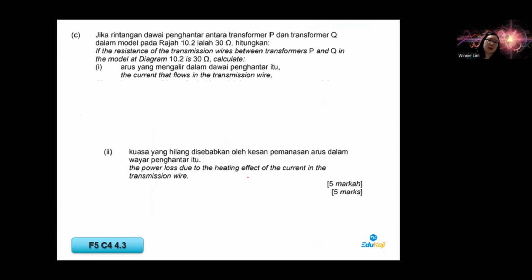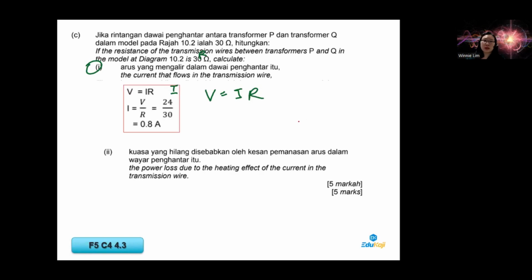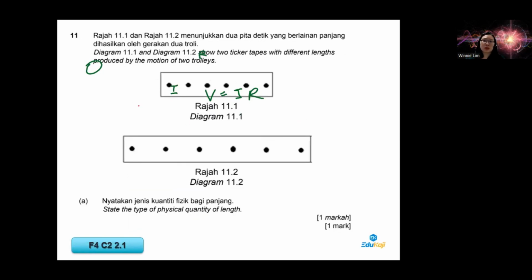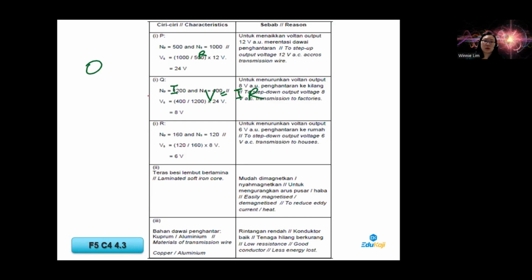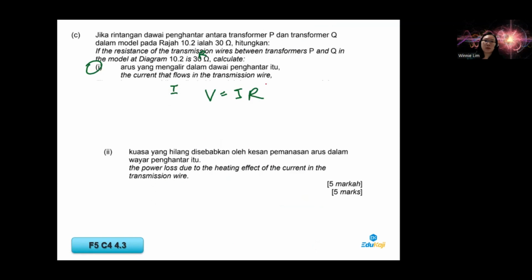Sorry, there is still one part on calculation. Now for part C, if the resistance of the transmission wire between transformer P and Q in the model is 30 ohm, calculate the current that flows in the transmission wire. So for this one, you can use the V equals IR idea. You need to know what the voltage between P and Q is.